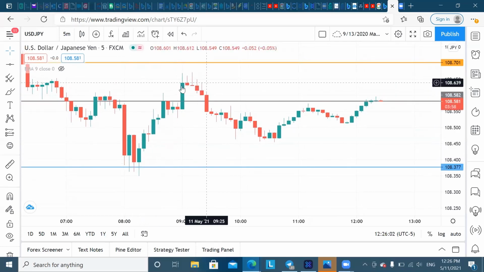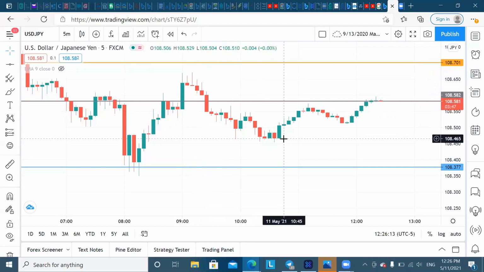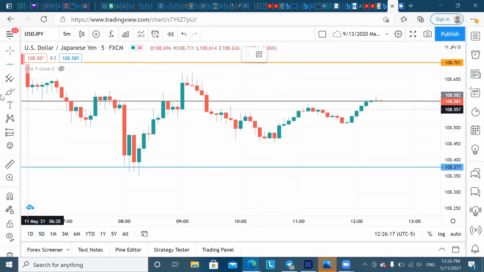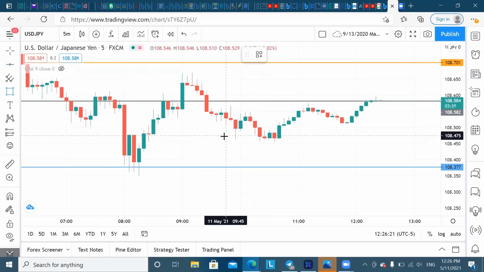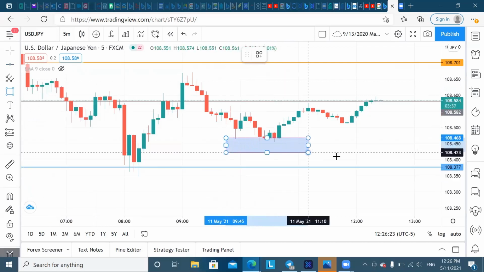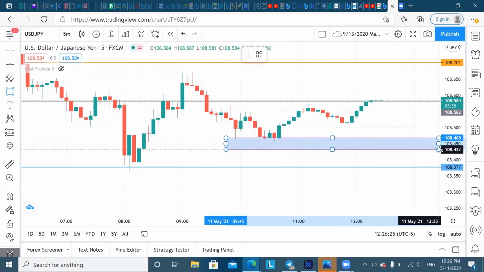So it came up here, danced around. It didn't quite hit our support, came back down. This area is serving as a support area. So I might draw just a box here just so I know my zones.